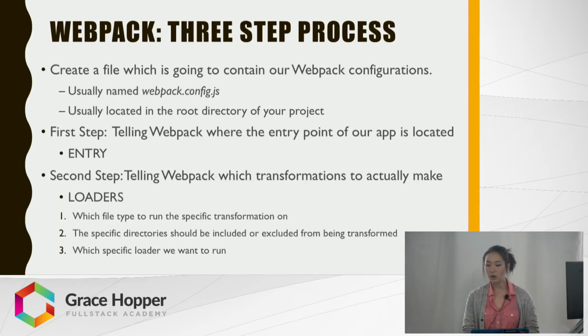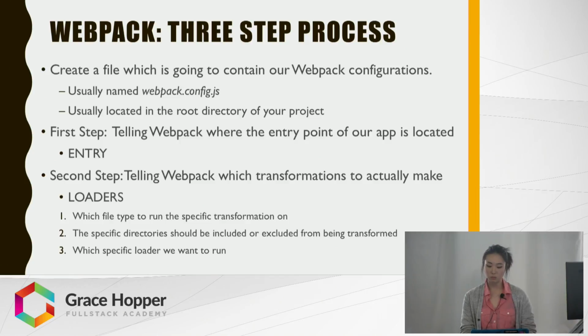Before anything, we will create a file which is going to contain our Webpack configurations, and it's usually named something like webpack.config.js, and it's usually located in the root directory of your project. Once that's made, you need to make sure that this file is exported, aka module.exports.